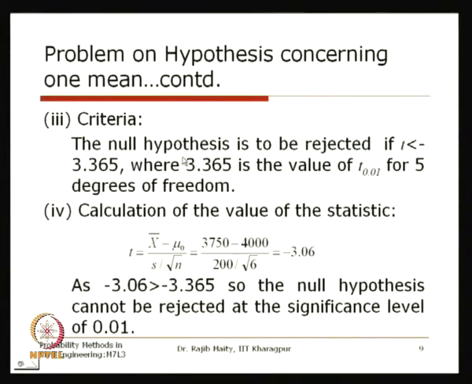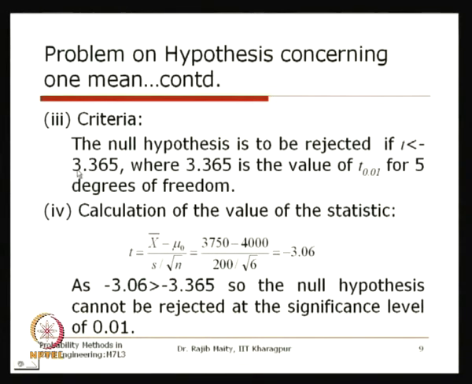So the criterion here, as you know, depends on the level of significance. This is a one sided test, so t alpha for 5 degrees of freedom from the standard table, from the standard textbook, is 3.365. So if the test statistic is t less than minus 3.365, then we have to reject the null hypothesis.